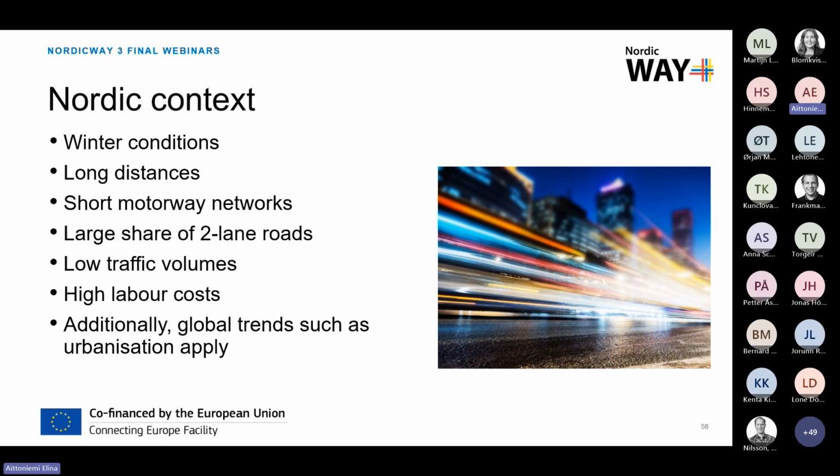We have long distances between cities, or at least in Norway, Sweden, and Finland we have large countries and small populations, so long distances between centers and between the south and the north of the countries. Short motorway networks and a rather large share of two-lane roads, low traffic volumes, and then there are high labor costs for drivers. And in addition, other trends that are global apply here, for example, urbanization.